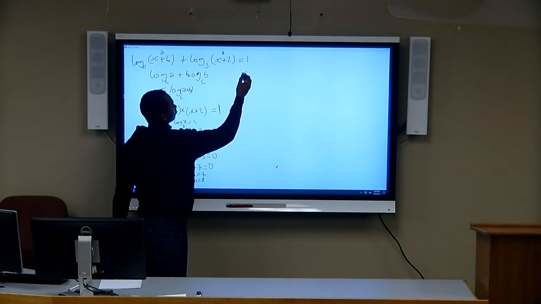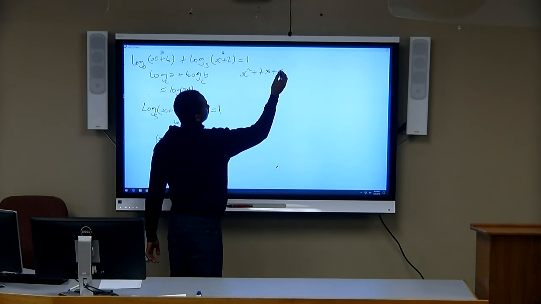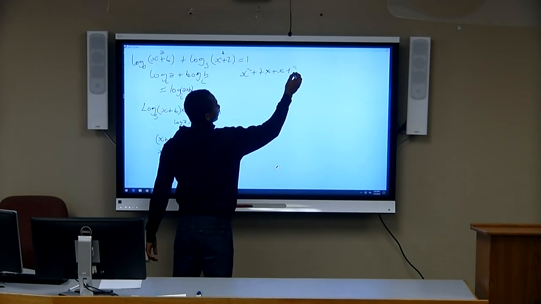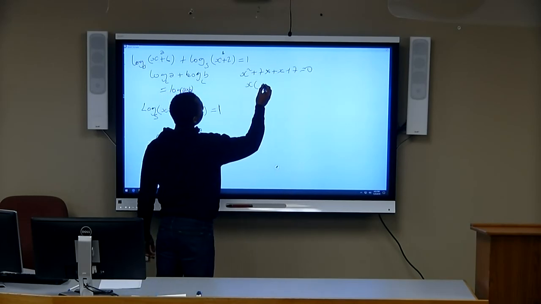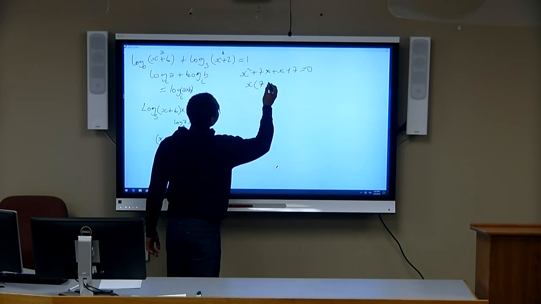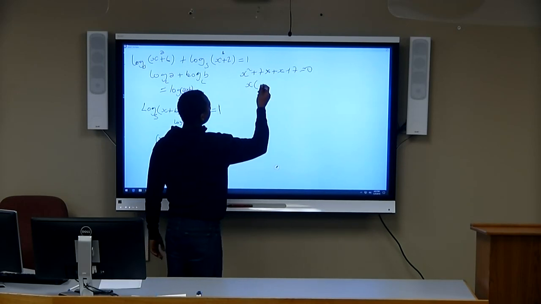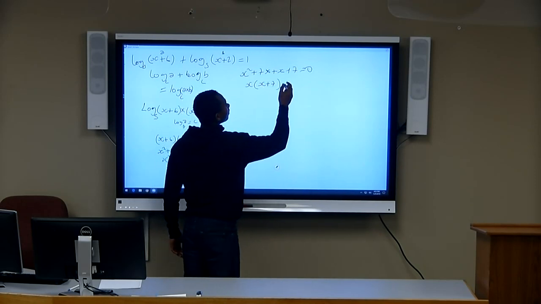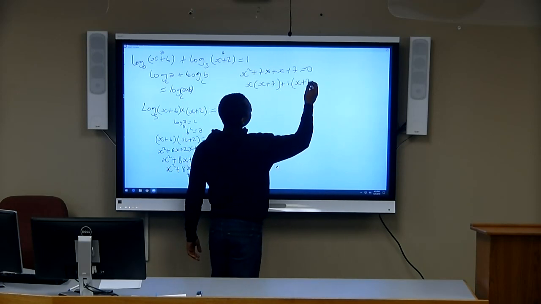So it's going to be x squared plus 7x plus x, which is the same as that 1, plus 7 is equal to 0. So this is going to be x into x plus 7, plus 1 into x plus 7.